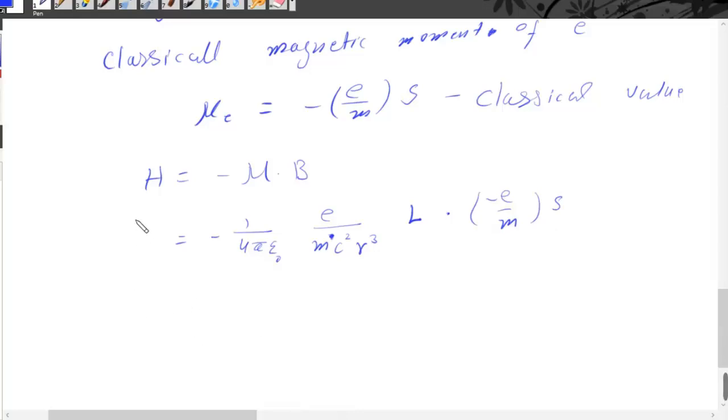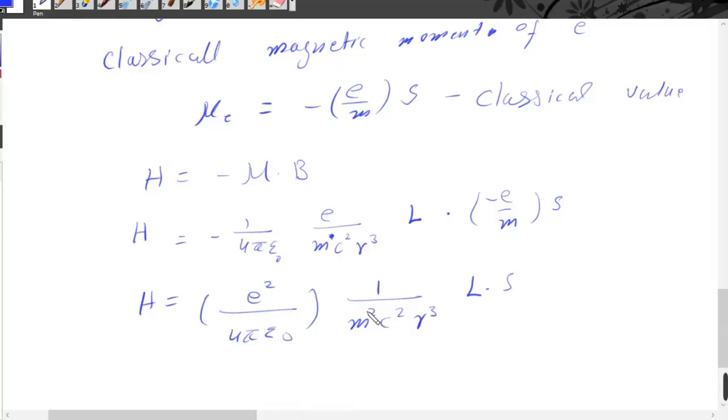Then the Hamiltonian is e² divided by 4π ε₀ times 1 over m² c² r³, with the coupling L dot S.